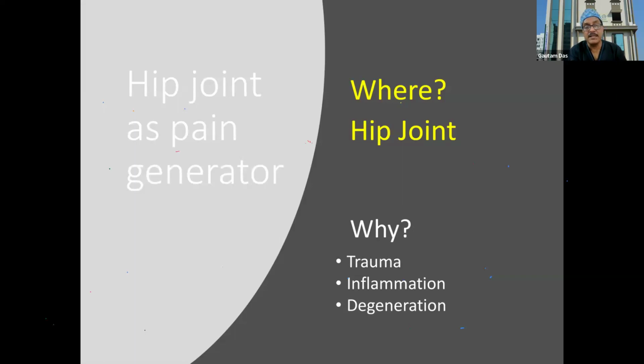In my practice life, I have seen several such cases where the hip joint was ignored. The complaint was buttock pain going to the leg. The history of trauma was a very trivial trauma.